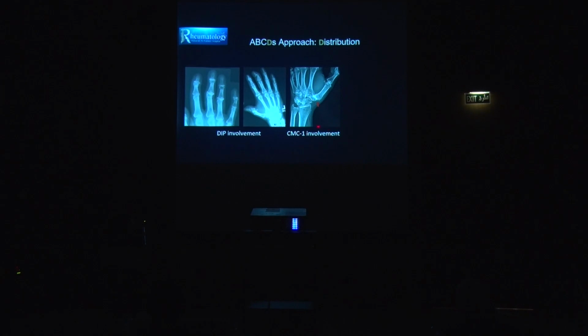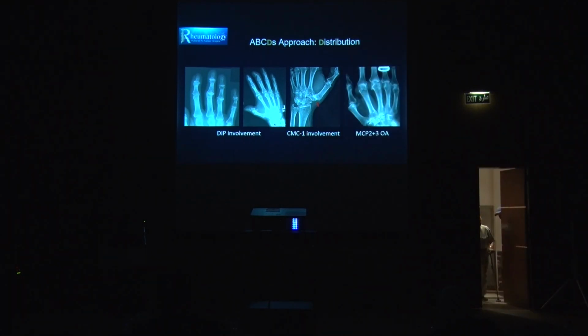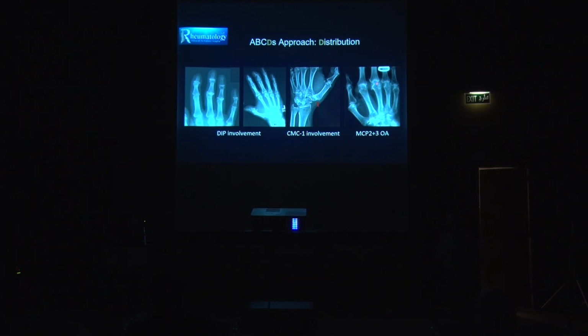Okay. Again, this is another classical joint that's affected by osteoarthritis, the CMC1 joint, or we call it the basal thumb joint. This is very typical of osteoarthritis. And then you have here osteoarthritis in MCP2 and 3.